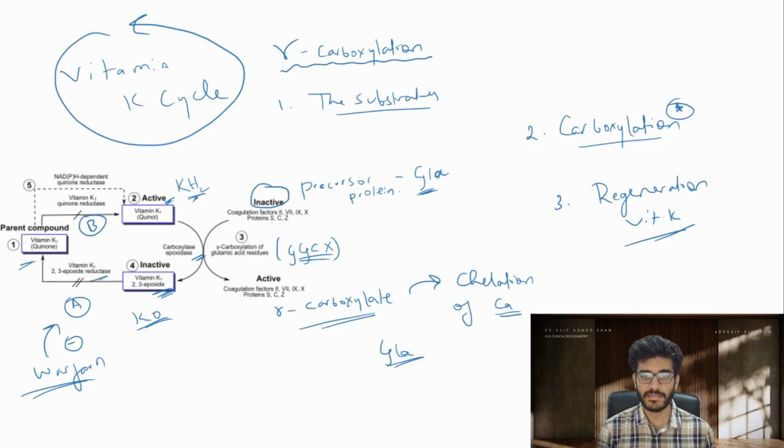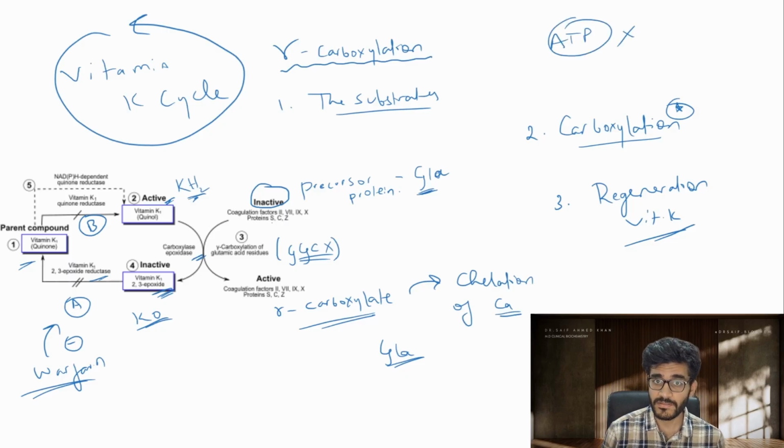This elegant cycle ensures that a relatively small amount of vitamin K can continuously facilitate the carboxylation of numerous proteins. Even a small amount is quite enough. There's no direct ATP yield here. Instead, vitamin K itself is the energy currency for this specific carboxylation reaction, with its redox state driving the chemistry. It's like a closed loop recycling plant.